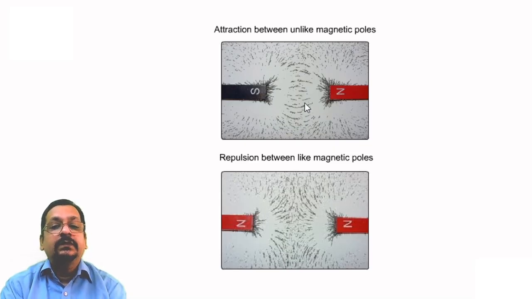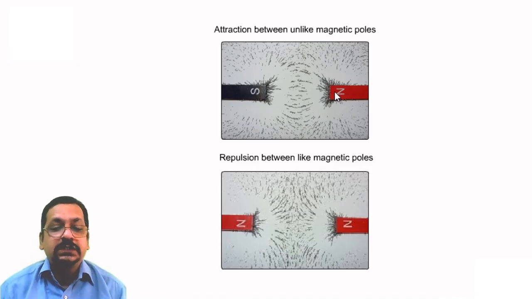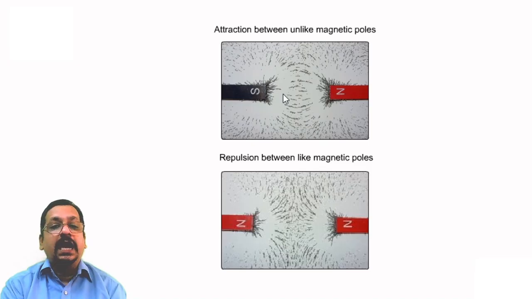See, the lines are coming closer, or they are moving towards each other. So we can see clearly there is attraction. So there is attraction between two unlike magnetic poles. These are unlike magnetic poles. One is south and the other one is north.